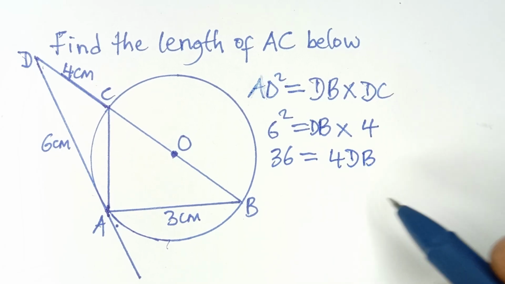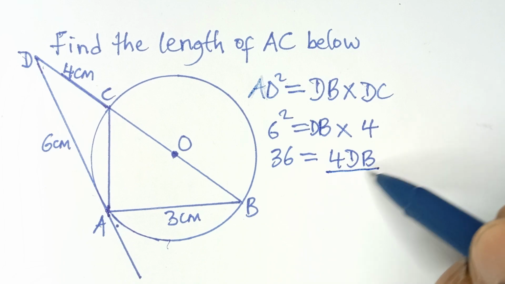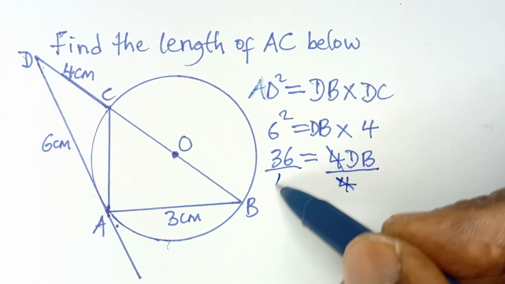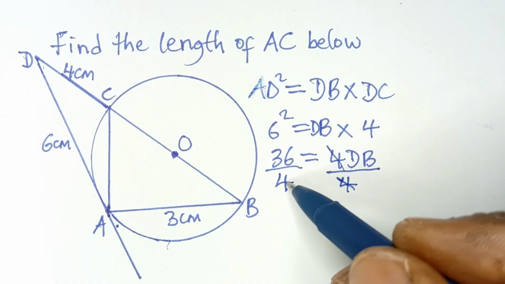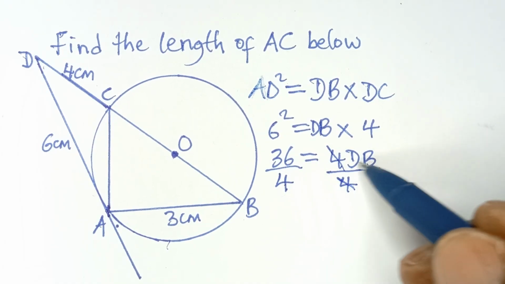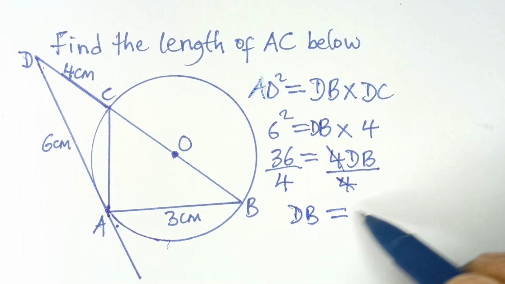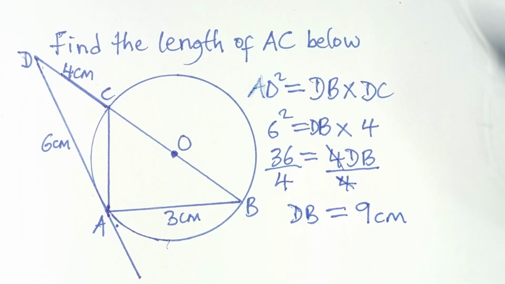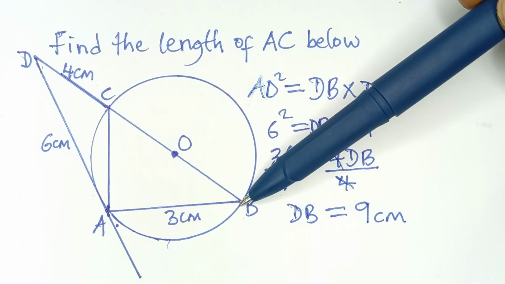In order to obtain the length of the line DB, we are going to divide both sides by 4. 4 cancels 4, and 36 divided by 4 is equal to 9. So DB is equal to 9 centimeters. This full length here, DB, is 9 centimeters.